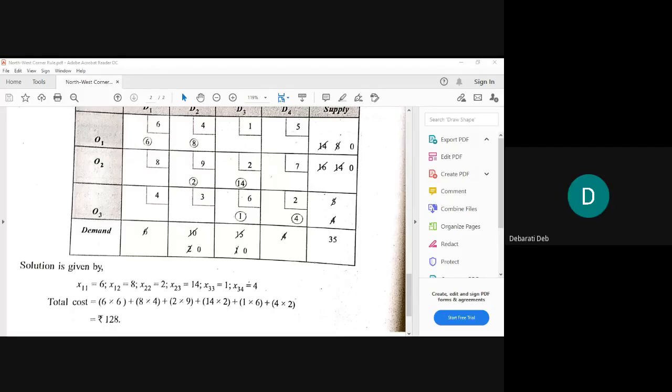Siddhant, you understood the method? Ma'am, little bit. Tanya, you understood? Yes, ma'am. Okay, very good.